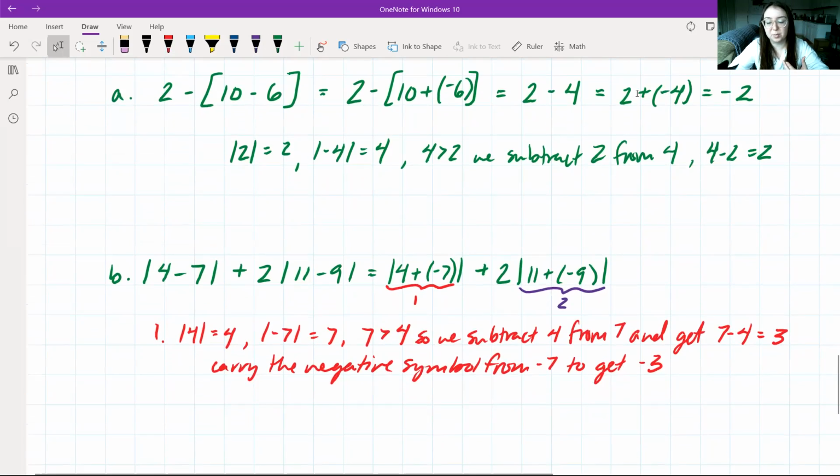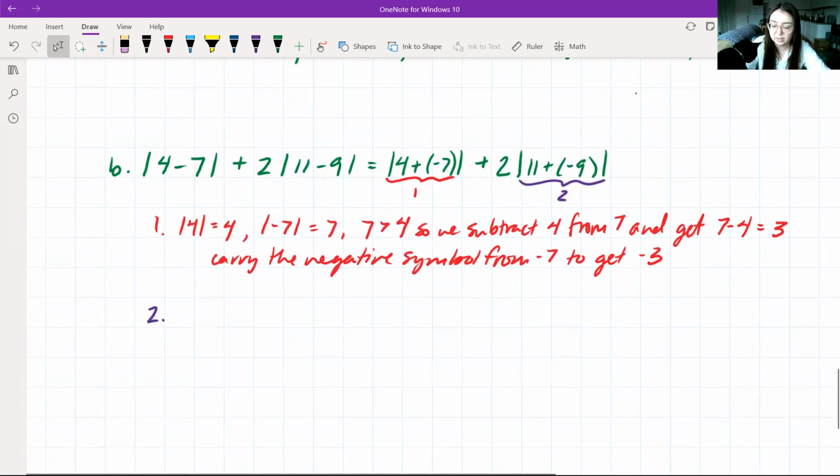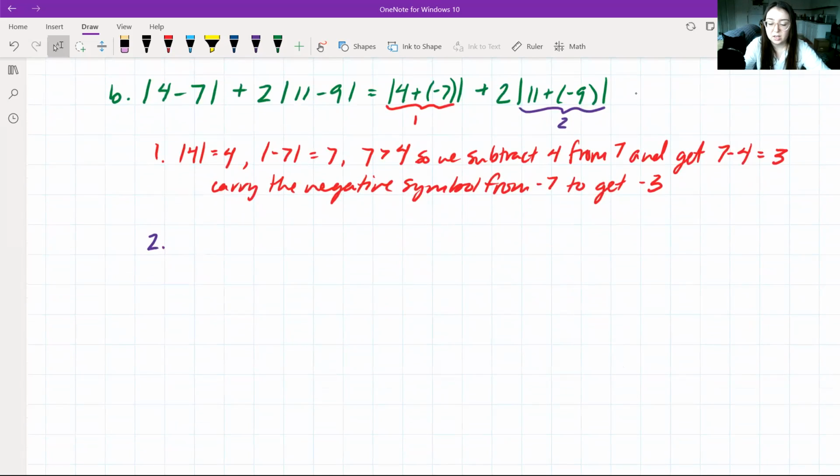So let's do our second grouping symbol here. So with our second grouping symbol, well, let's kind of move on here from our first part. With our second grouping symbol, we have 11 plus -9. So we want to do the same things. Our absolute value of 11 is going to be 11.